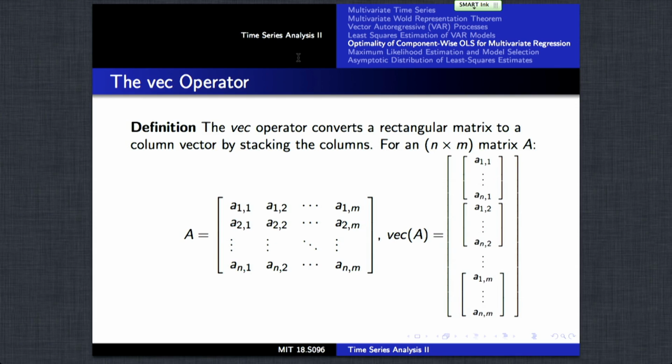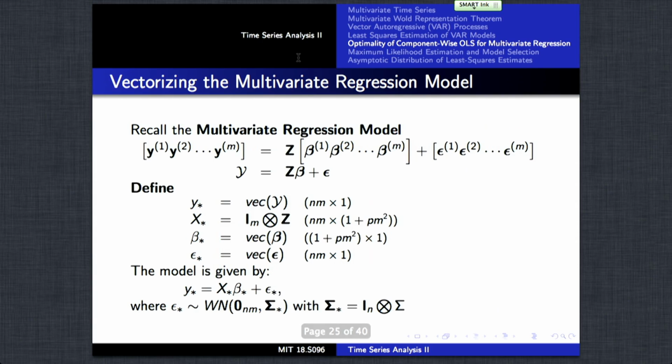You basically can stack columns of the matrix and be modeling a vector instead of a matrix of values. So the vectorizing operator allows us to manipulate terms into a more convenient form.